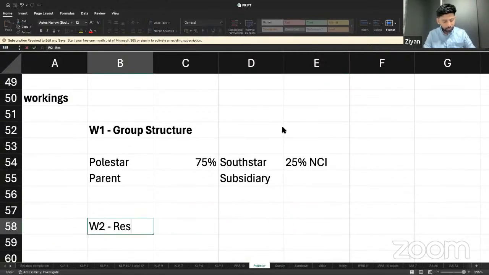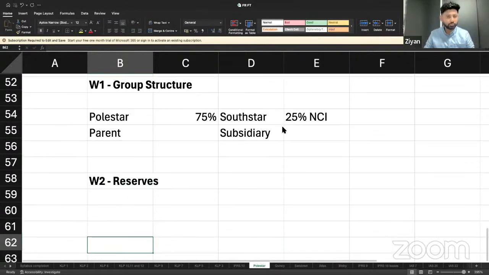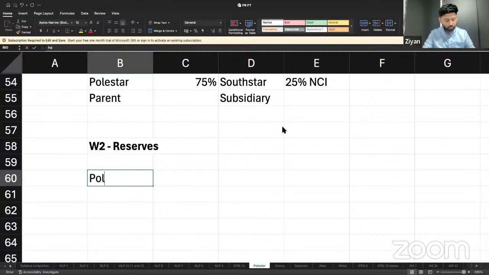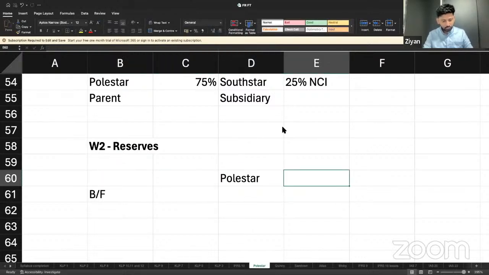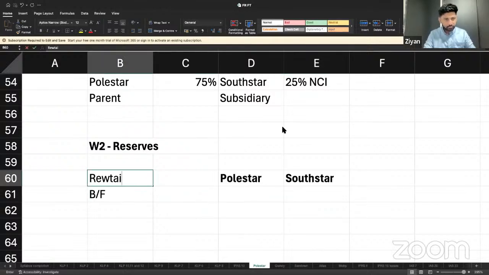Once you have the group structure, what is your second working? W2 is your reserves. You don't even have to read the question, just do whatever I have asked you to do. Under reserves, you have Polestar brought forward, and then Southstar. Makes sense? Under reserves, what do I have?